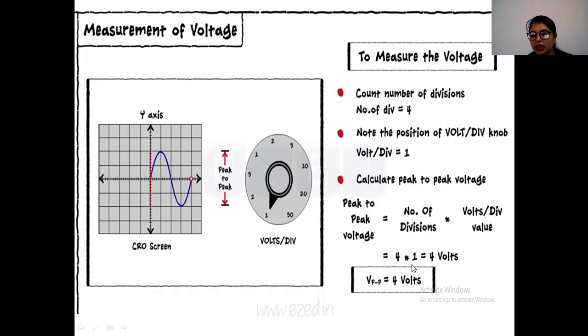So it will be calculated as 4 into 1, that is 4 volts. That means the peak to peak voltage of this output waveform will be 4 volts. As we can see, 1, 2, 3, 4 blocks are covered by this waveform, and the answer is 4 volts.